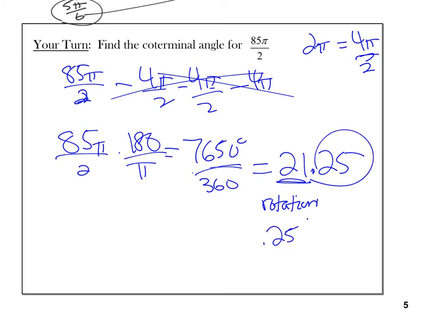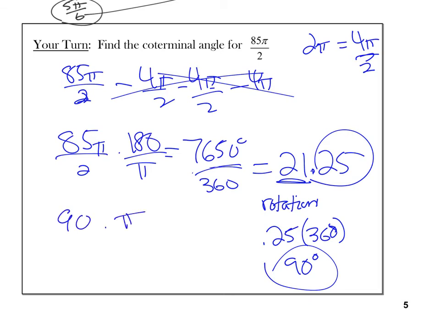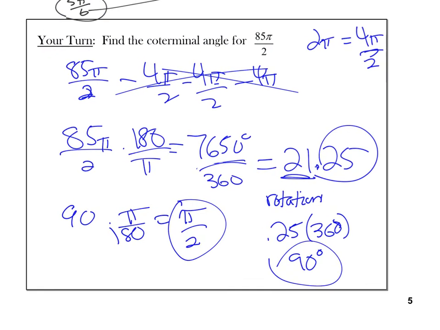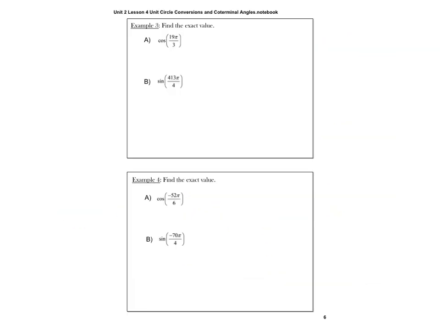So I take the 0.25 times 360, which gives me 90 degrees. So 90 degrees, that's as a degrees. I want it as a radian, so it's just going to be pi over 2. Take a minute, kind of mentally process that, and then you can go.